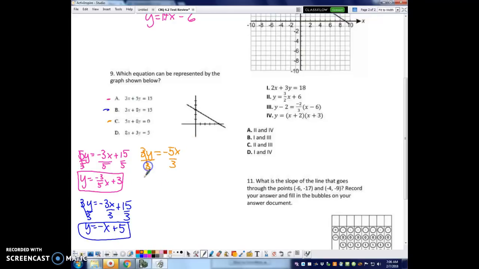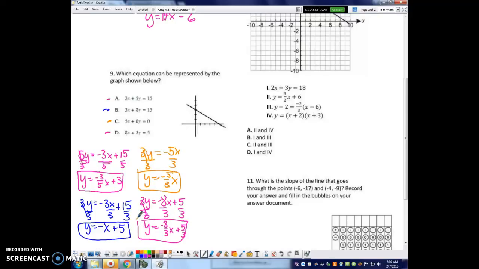Divide by 3, y equals negative 5 divided by 3 is just that, x. And last one, D. Move that 8x over, so we have 3y equals negative 8x plus 5. Divide by 3. y equals negative 8/3 x, 5 divided by 3 is just 5 divided by 3.